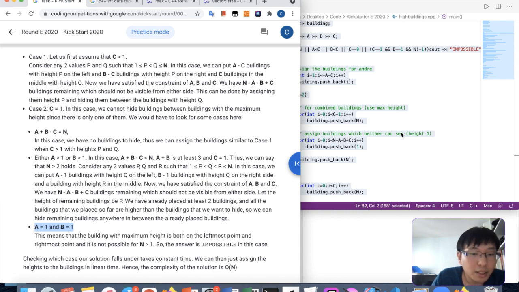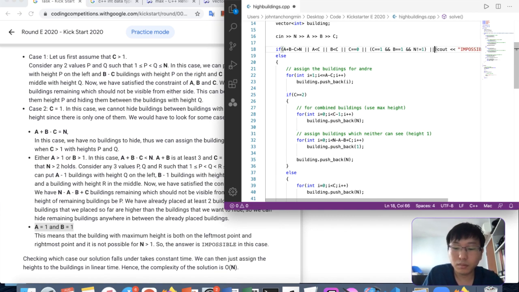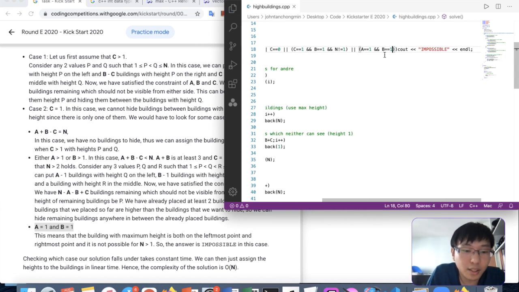The building of maximum height is both on the leftmost point and on the rightmost point. It's impossible for both A and B to be 1.